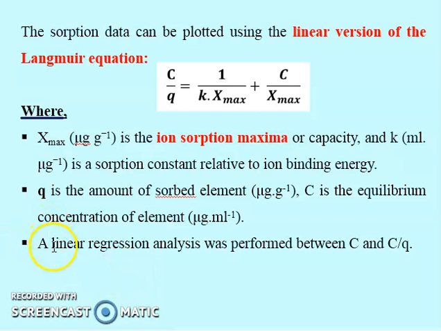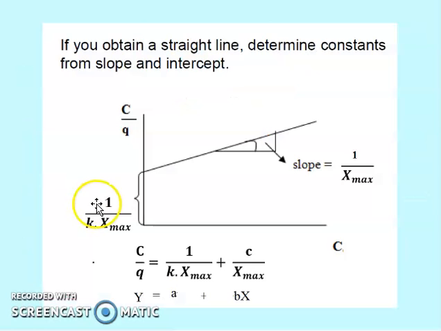So here, if you plot C on the x-axis and C over Q on the y-axis, you will get a linear equation like this. C over Q is like y, 1 over K X max is A, plus 1 over X max is B, and C is x.